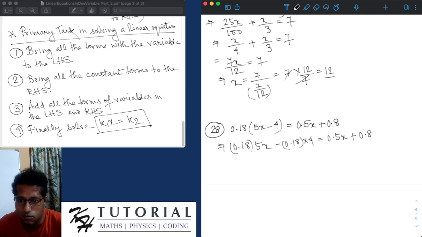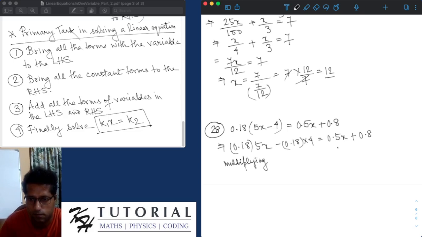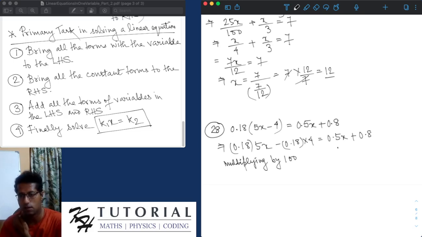So anyway, I have simplified this equation in this form, and now I would like to multiply by 100, because the maximal decimal places of all the decimal numbers, that is the decimal constants or the decimal coefficients of the variable terms, is two.